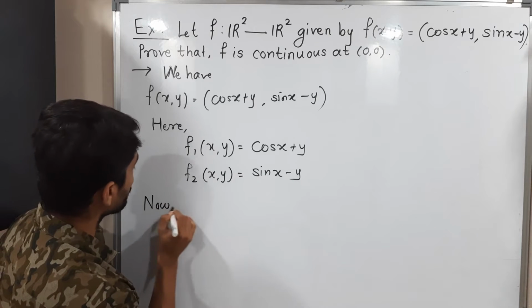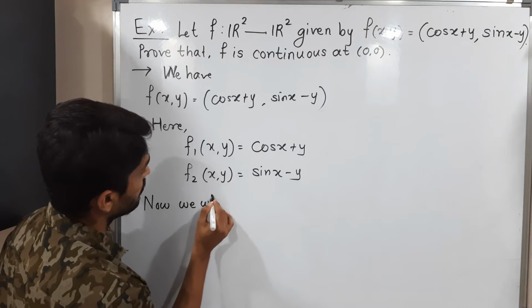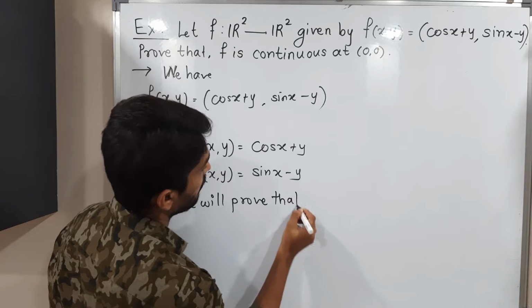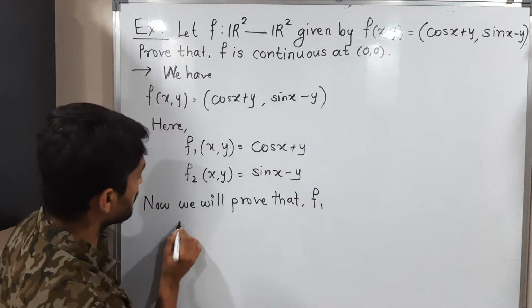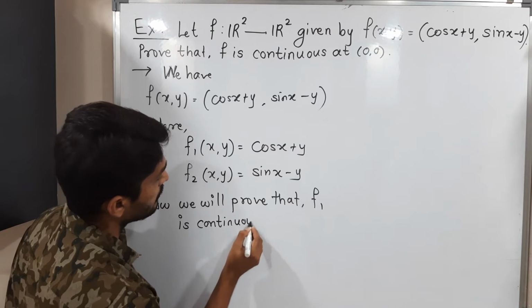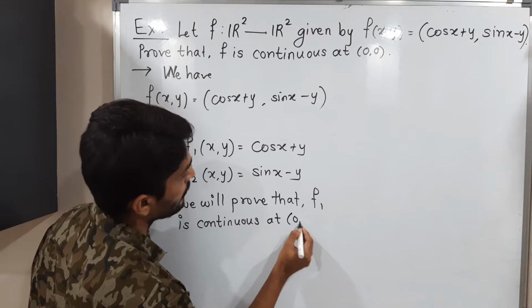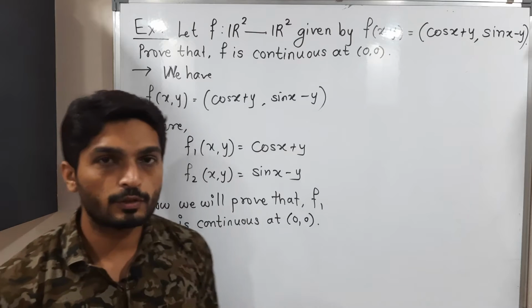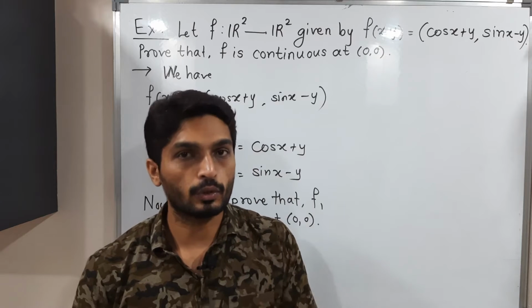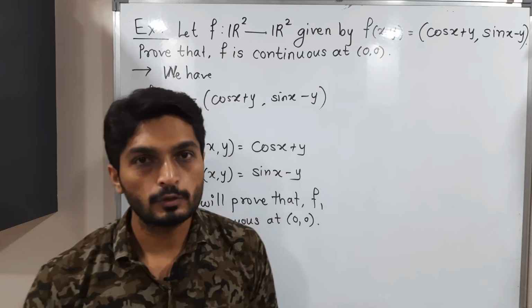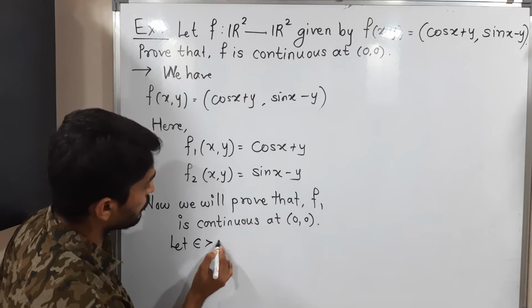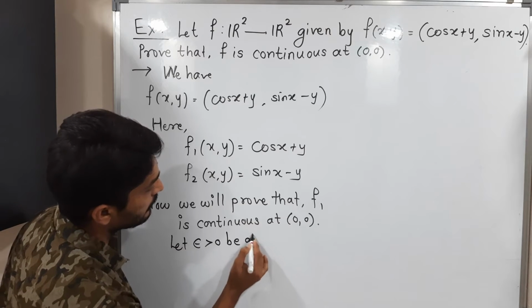So now we will prove that F1 is continuous at (0, 0). As you know the definition of a continuous function, the epsilon-delta definition, I will take an epsilon, and for that epsilon we have to find a suitable delta. So let epsilon greater than 0 be given.